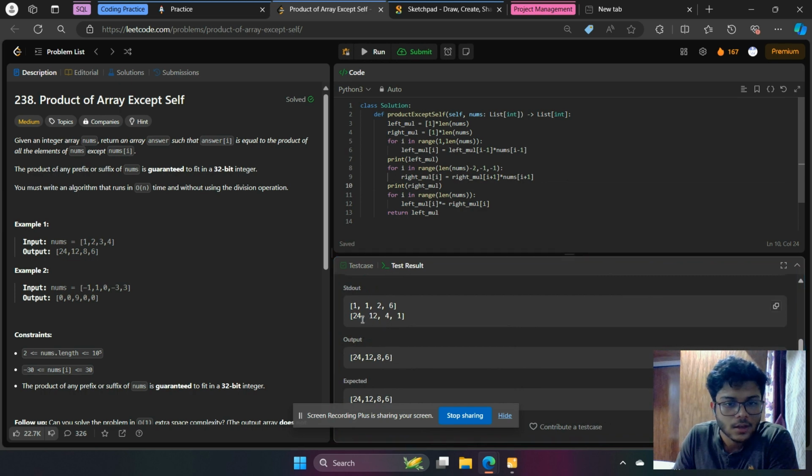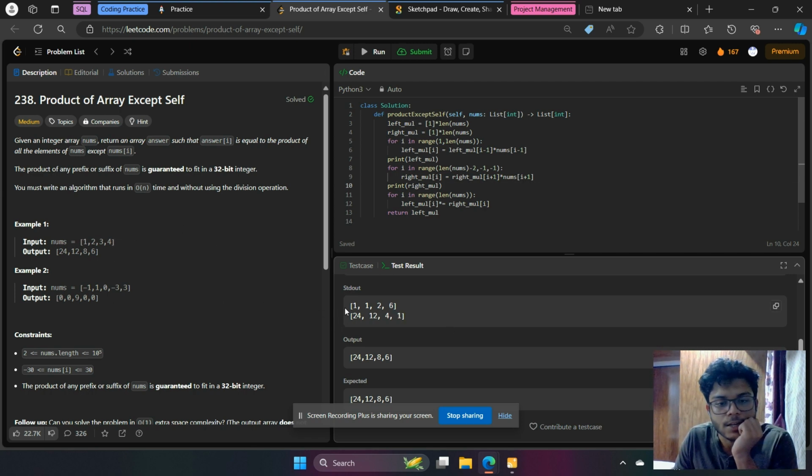So see, for left mul we have the first value as 1 by default, and for right mul we have the last value as 1 by default, because we don't have any elements before the first one and after 4, right?